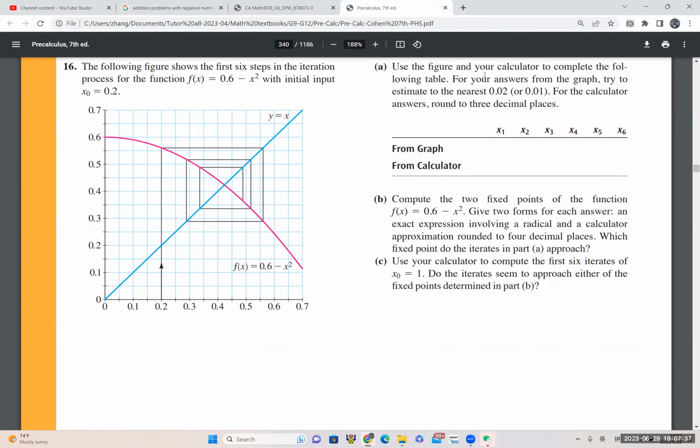A, use the figure and your calculator to complete the following table. For your answer from the graph, try to estimate to the nearest 0.02, or for the calculator answer, round to 3 decimal places.